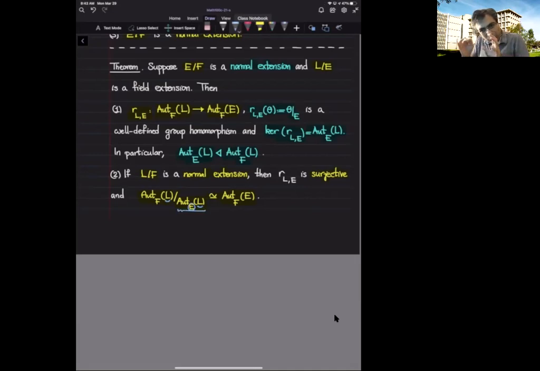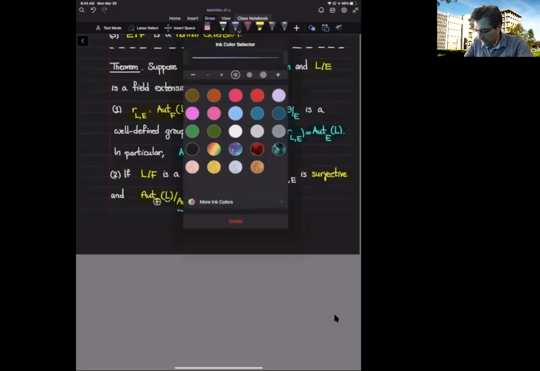That makes it a subgroup of the F-linear automorphisms of L. So we get this normal subgroup, as we have pointed out. And this quotient is always isomorphic to some subgroup of the F automorphisms of E. But when L is a normal extension of F, we also showed that it is surjective. Okay, so let me see.